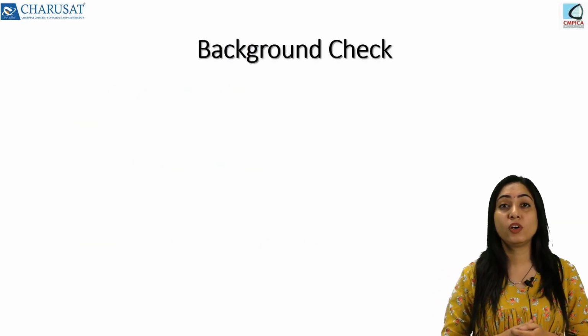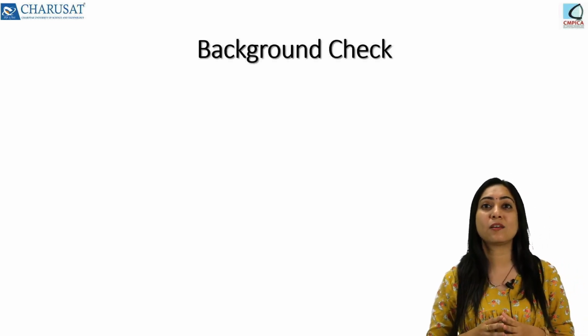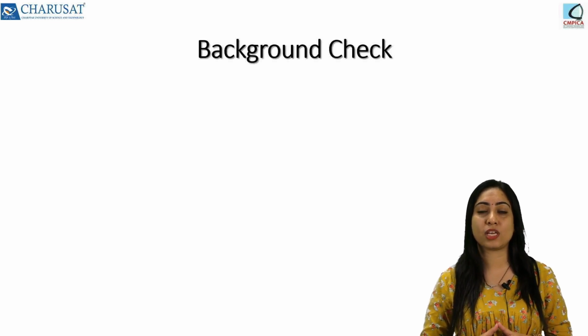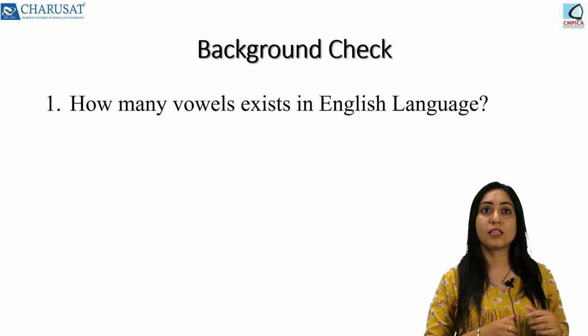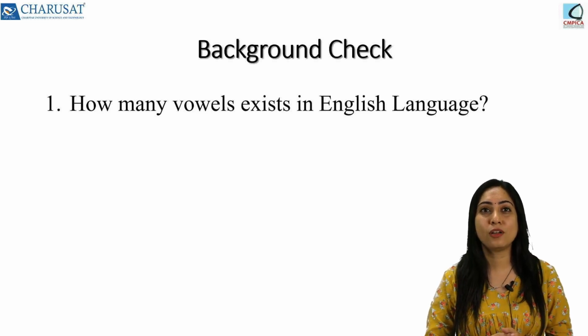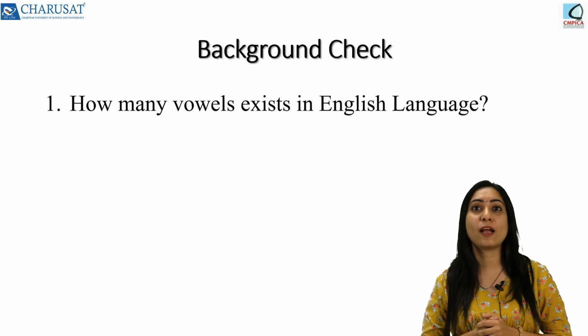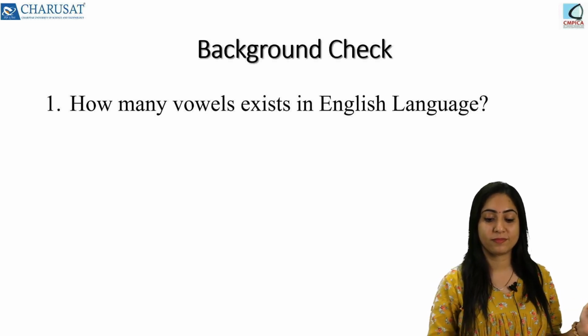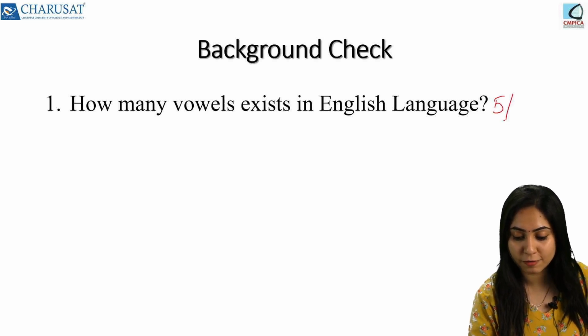Before learning something new, let's debunk the basic myth that is there about English. This might make you recall your nursery time. How many vowels exist in the English language? I know you would say it's 5.